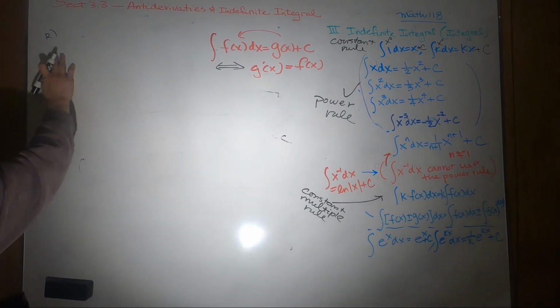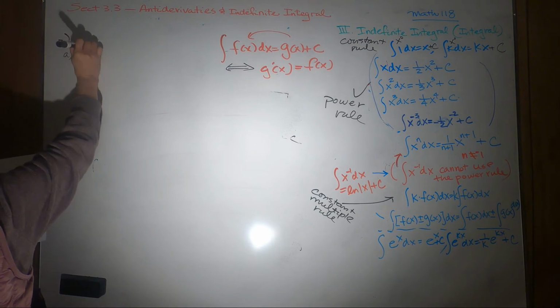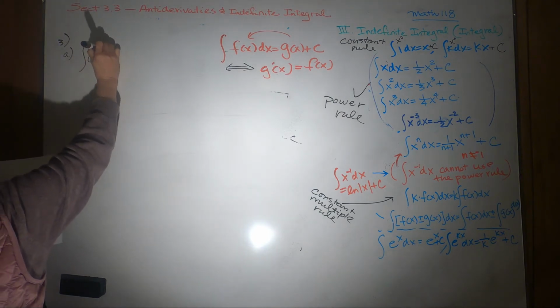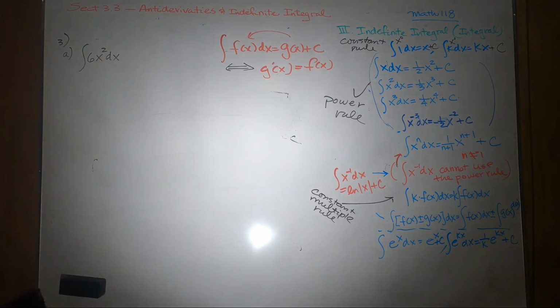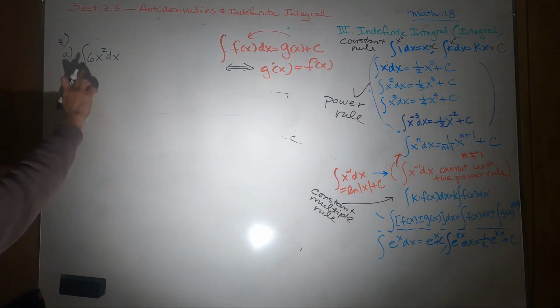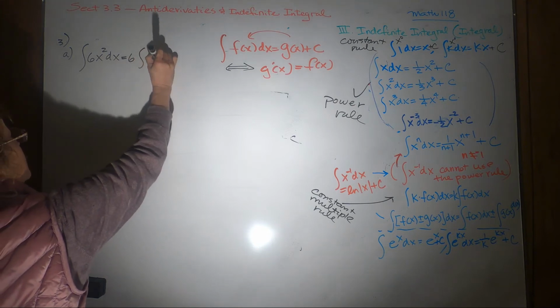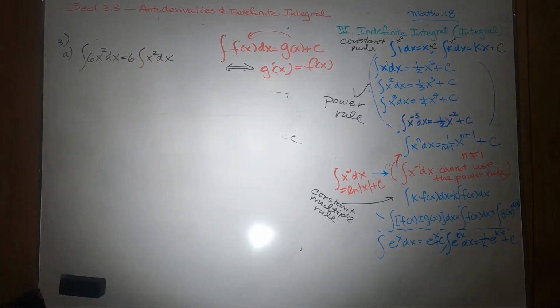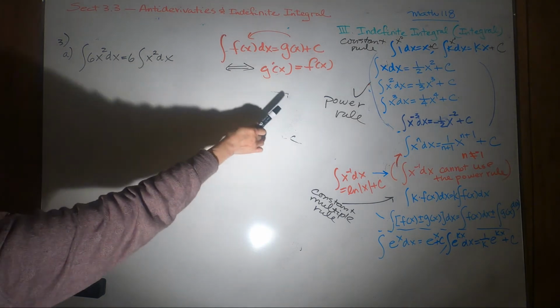So if we look at this one, the antiderivative of 6x squared dx. If I have a constant there, I can take the constant outside. Then for this function, can I use the power rule?